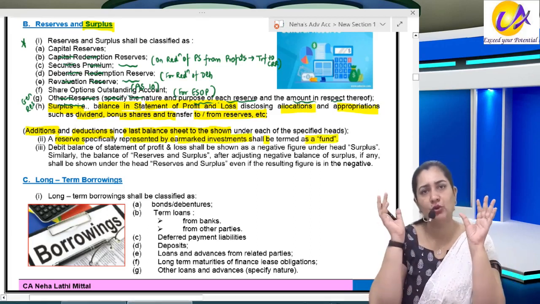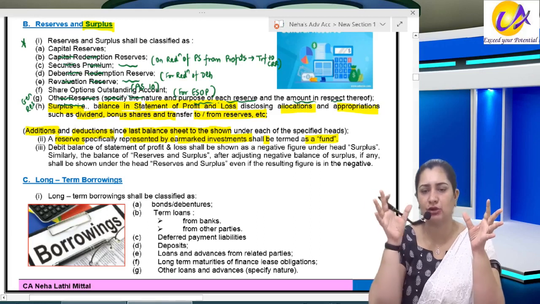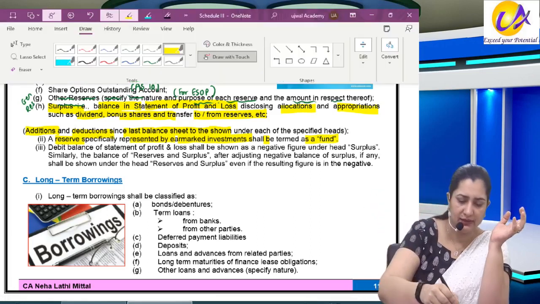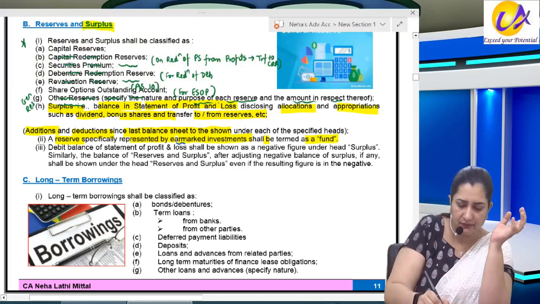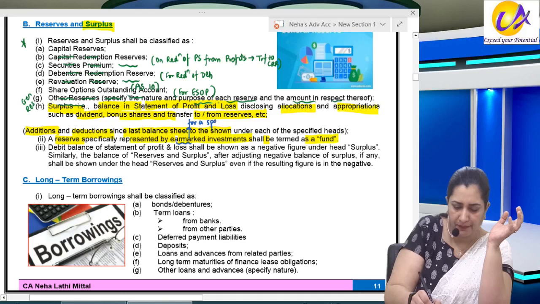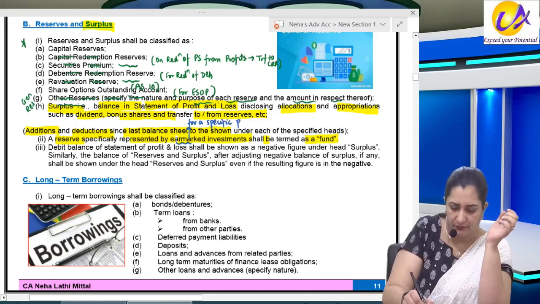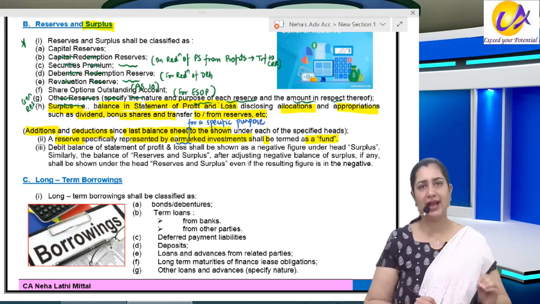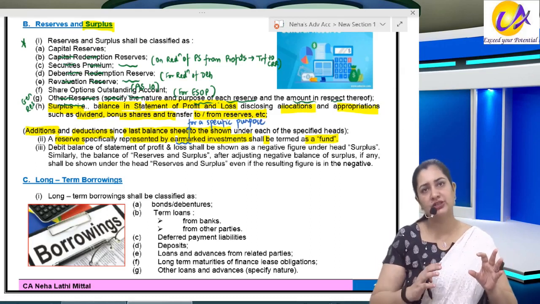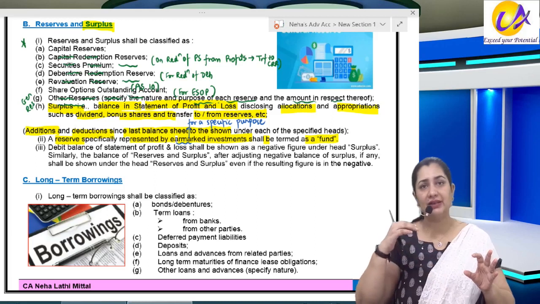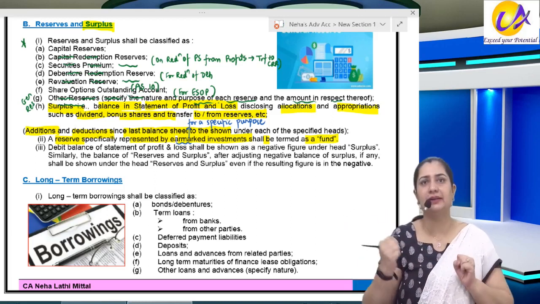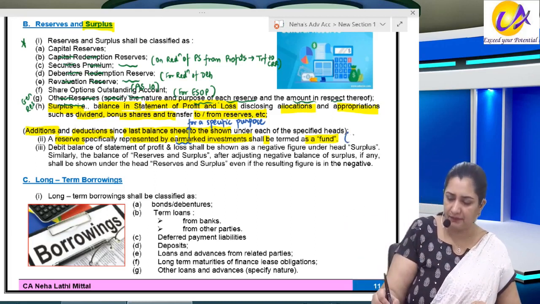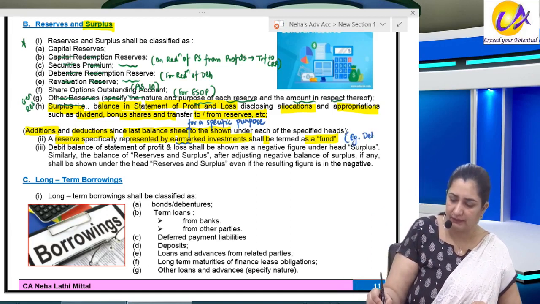Earmarked means for a specific purpose. So if you have any reserve which basically has some investment, for example a debenture redemption fund.